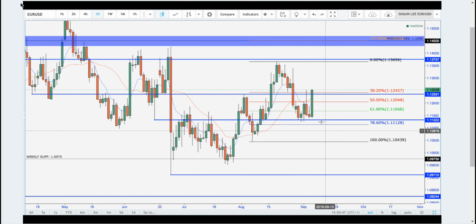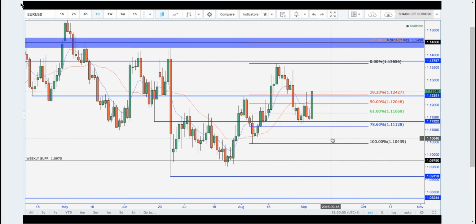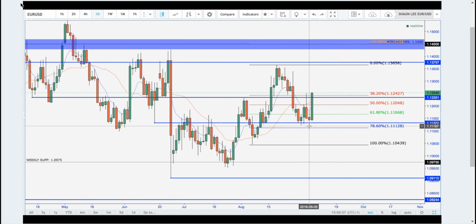But if we do get this close on this daily time frame, I would consider this to be a 61.8 retracement. As I said, we can go in the middle or even down to the 78.6, but this price action, which is more or less in the middle of 78.6 and 61.8, is still a valid Fibonacci retracement because now the price has pulled all the way back above.